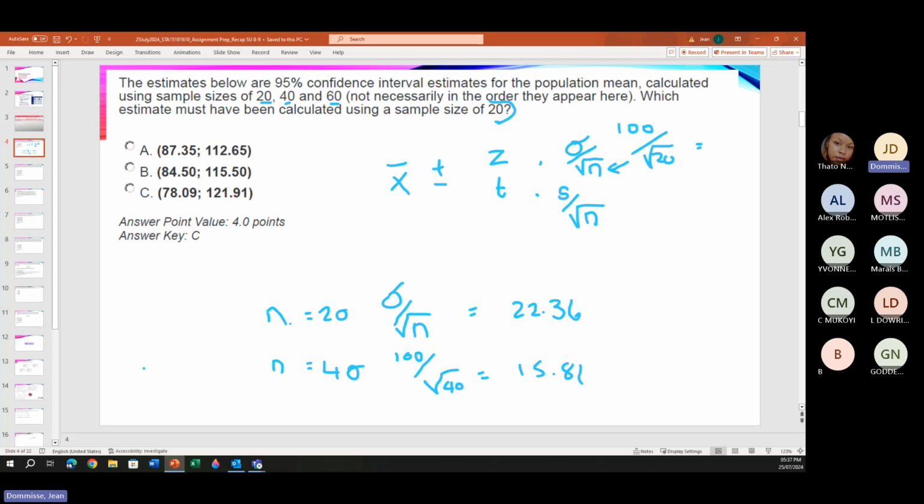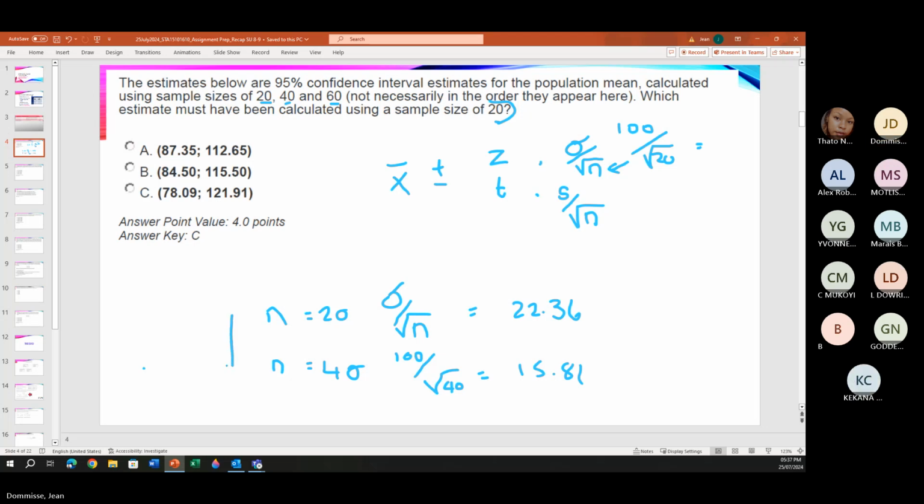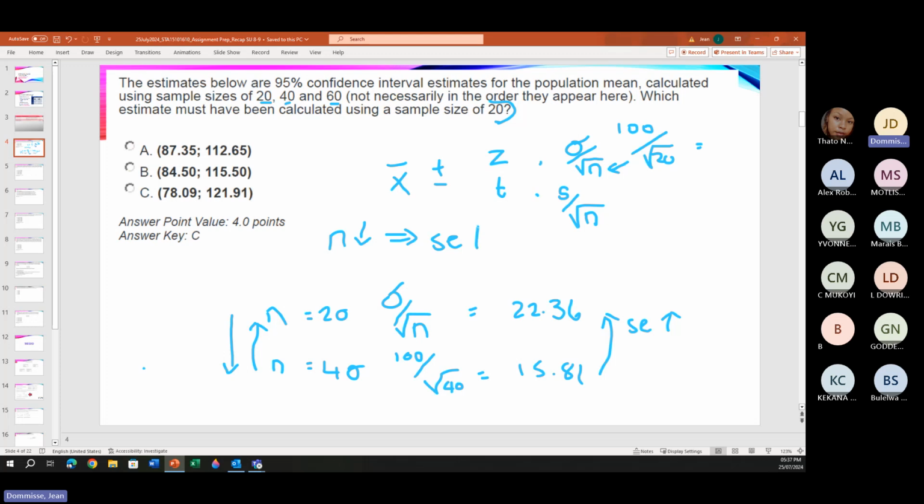So as the sample goes smaller from 40 to 20, your standard error becomes bigger. Let me just rewrite that: as n becomes smaller, your standard error becomes bigger.